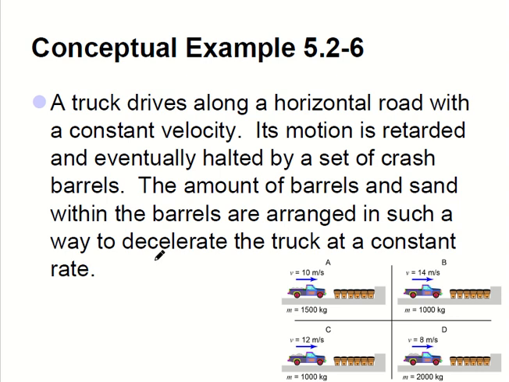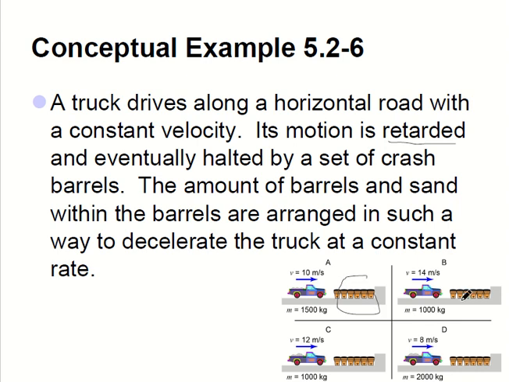Then we come to a truck, and that truck drives along a horizontal road with a constant velocity. Motion is retarded, meaning it's just showing you how this truck goes, and eventually it is halted, meaning stopped by a set of crash barriers.